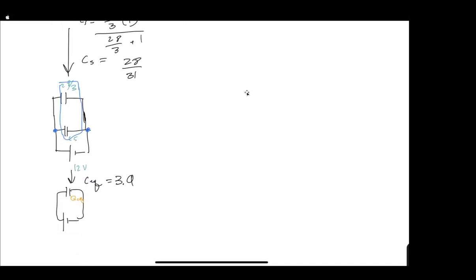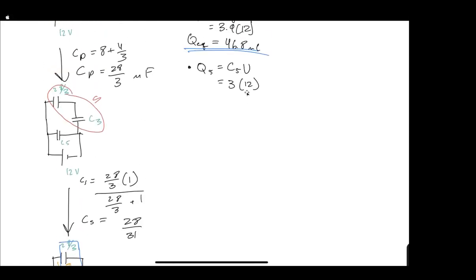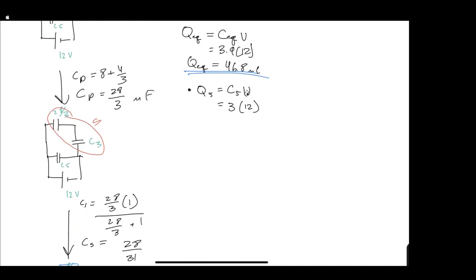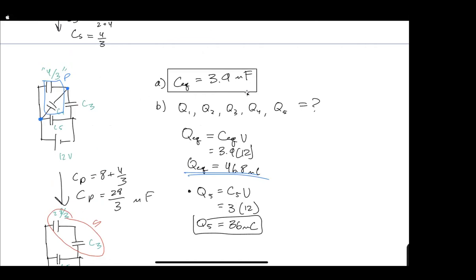Those that are in parallel have the same voltage drop across them. So here it's that 12, and here it's that 12 also. Okay, so that's how we know. In parallel, they're the same. That comes out to be Q5 equals 36 microcoulomb. All right, nice, one down.